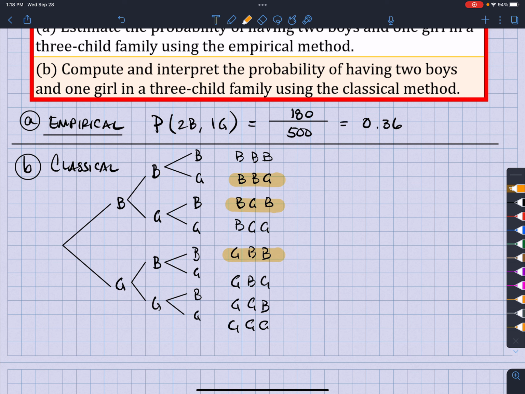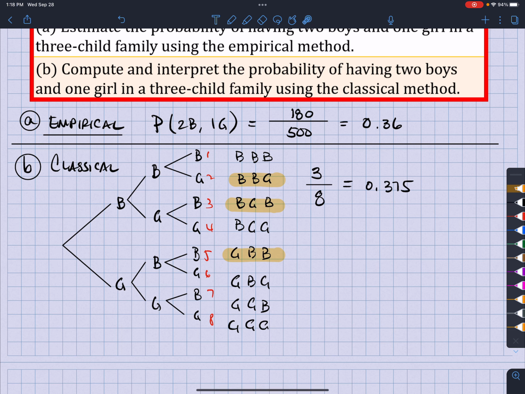How many possible outcomes are there? 1, 2, 3, 4, 5, 6, 7, 8. So 8 possible outcomes. So with the classical method, there are 3 ways of getting 2 boys and 1 girl out of 8 possible outcomes. And that's going to give me a probability of 0.375.